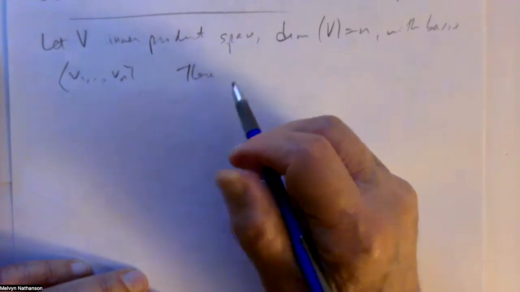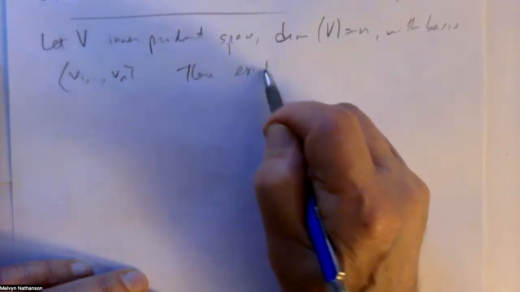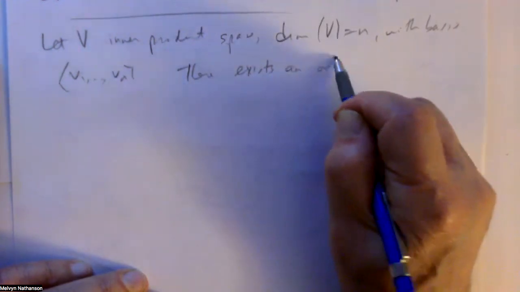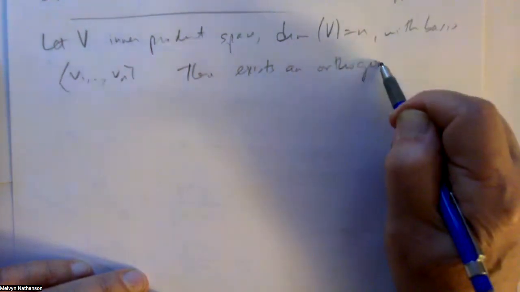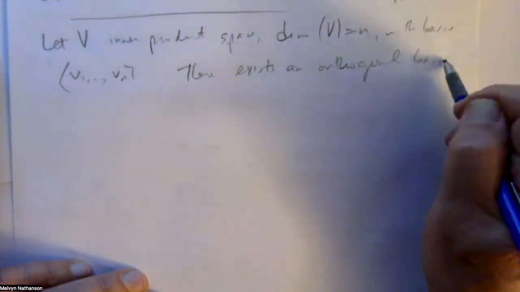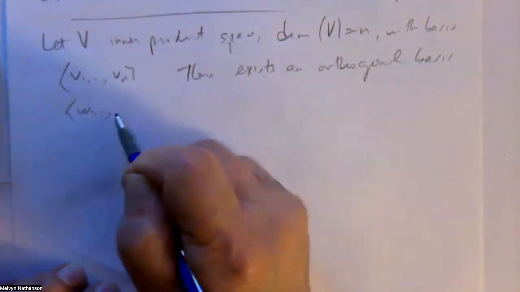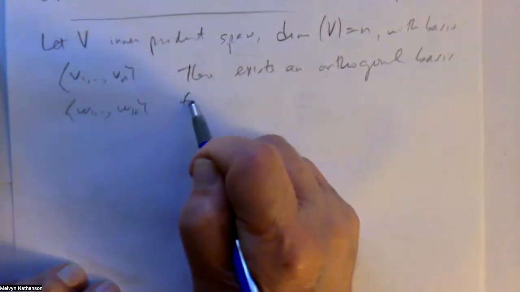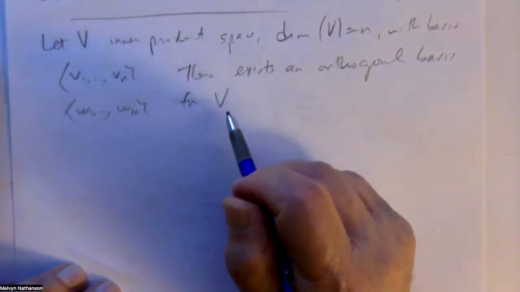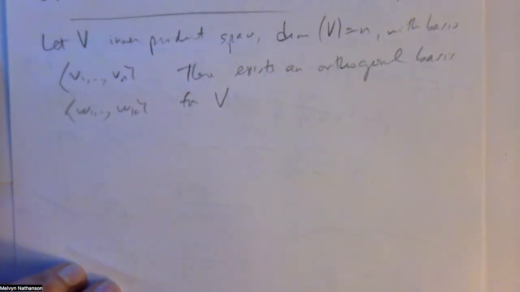There exists an orthogonal basis W_1 up to W_n for V with the following properties.